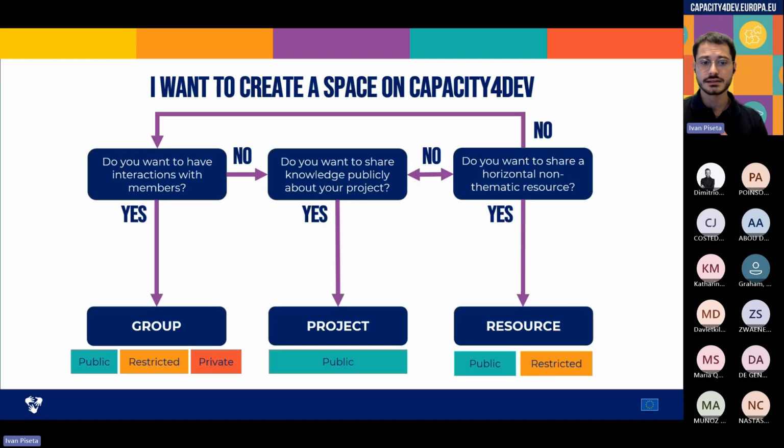We created this image so you can follow the logic of when you want to open a space on Capacity4dev. If you want to have interactions with members, you create a group, which can have different types of access restriction. So you have public groups that are open for everyone, whether they join the platform or not.